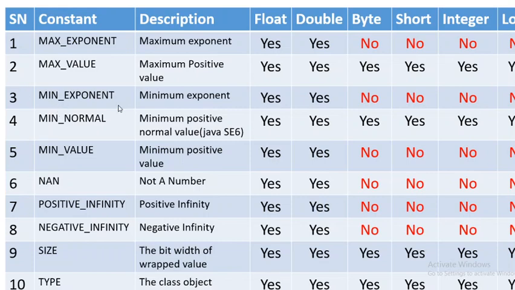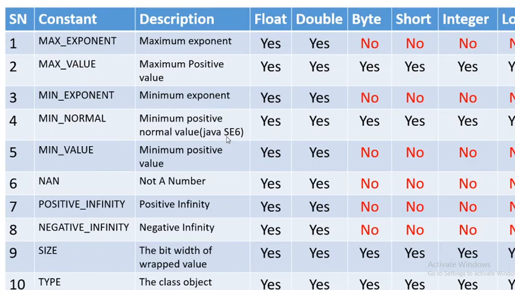Next, MIN_EXPONENT. This is for the minimum exponent value with the related wrapper class. This is again available only in the Float and Double wrapper classes, not for the remaining. MIN_NORMAL. This is for the minimum positive normal value as of Java SE 6. MIN_VALUE.